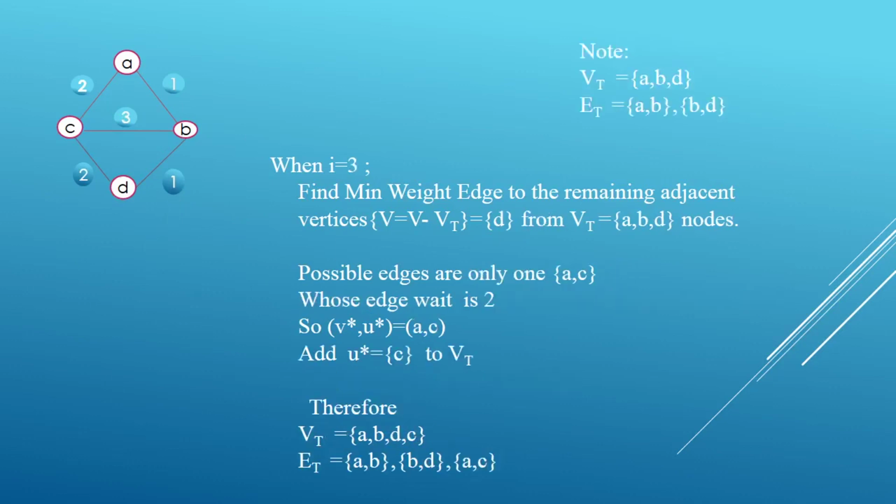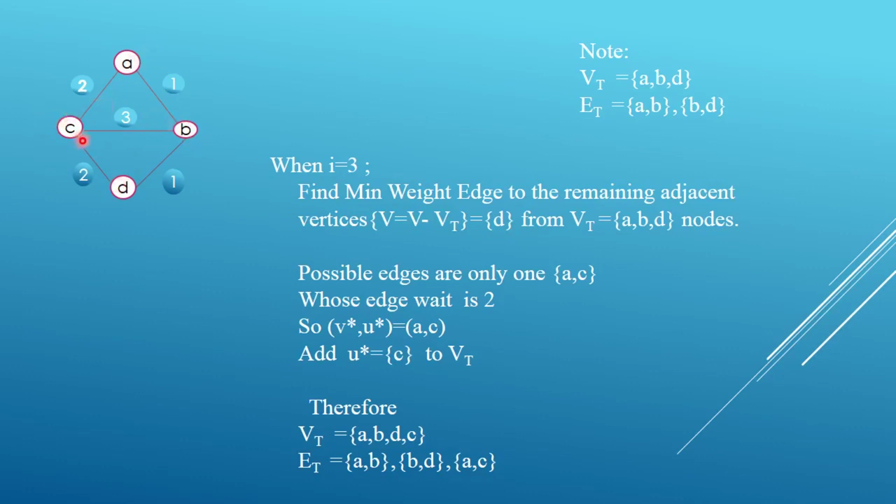In the third iteration, we find the minimum weight edge to the remaining vertex, only C, from VT nodes. VT contains A, B, D, and the possible edges from A, B, D to C are AC, BC and DC.